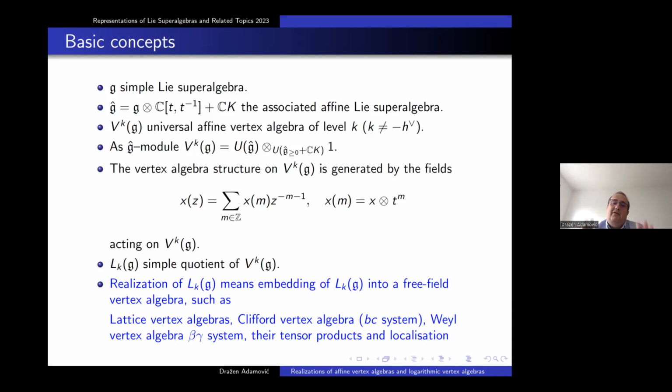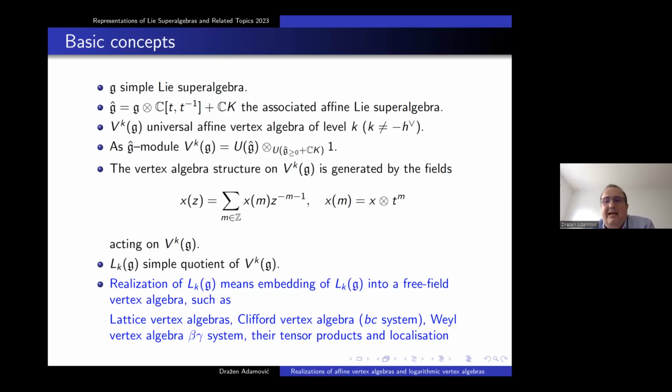So we have two structures. One, this algebra is a representation space of a certain algebra, and we have a field-state correspondence, which you start from a vertex from the vertex algebra and act on a module.